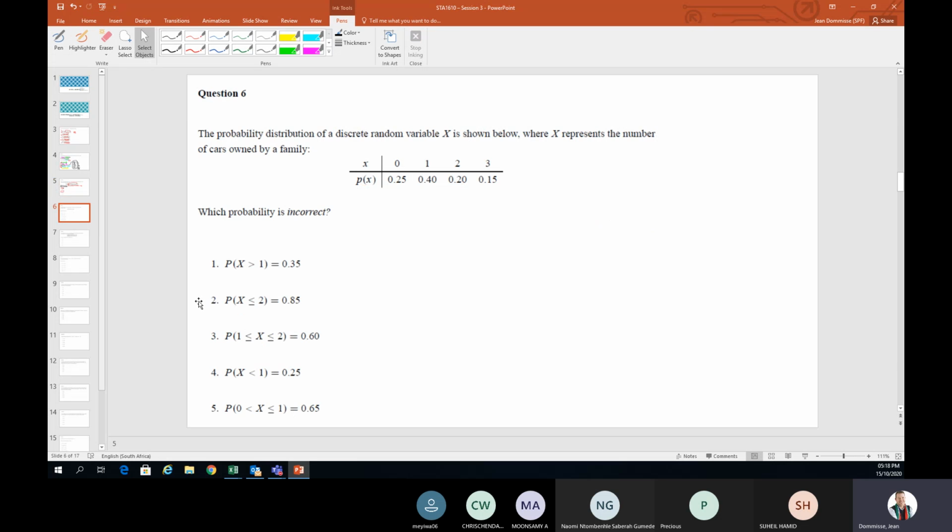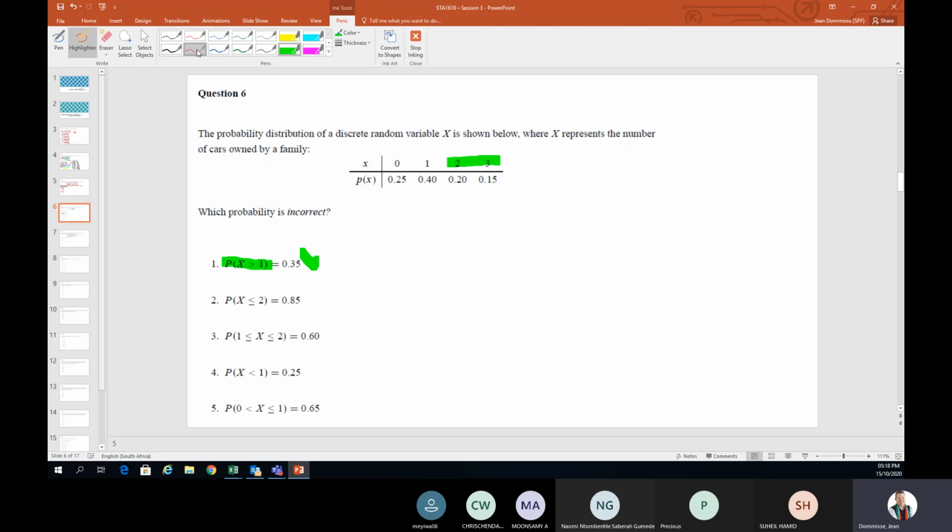So let's again look at some of these. Bigger than 1, so basically from 2 and above. So that is 0, so that one is correct.